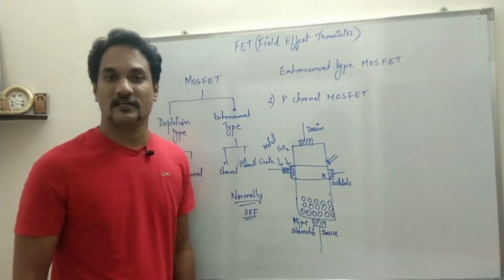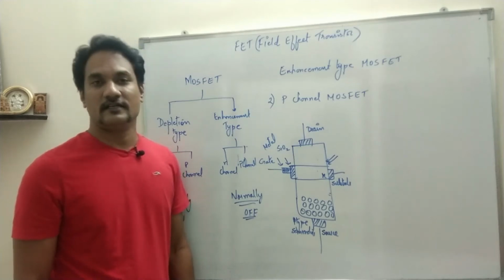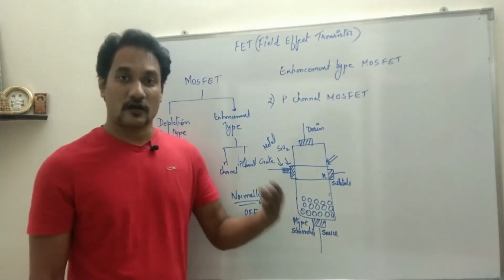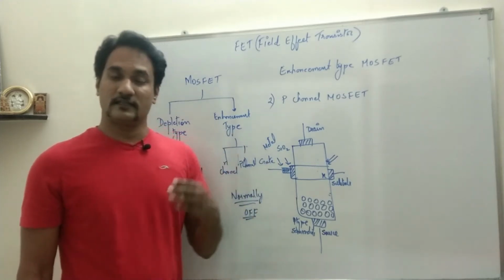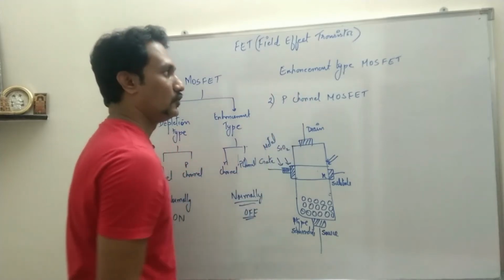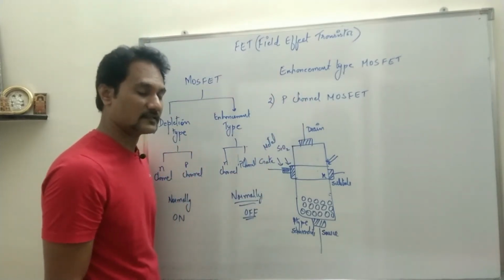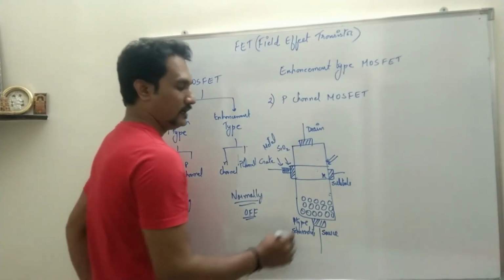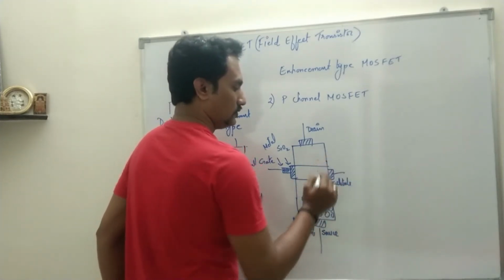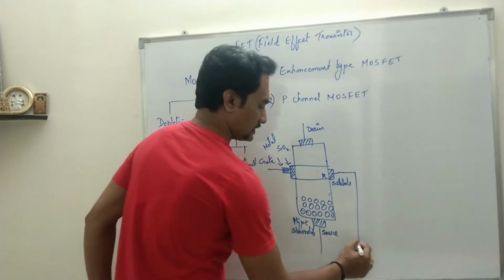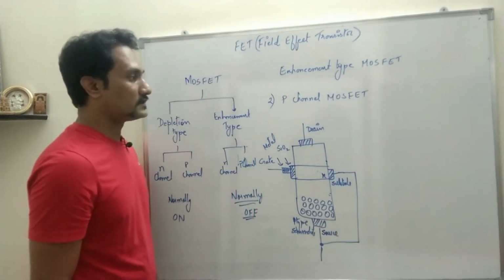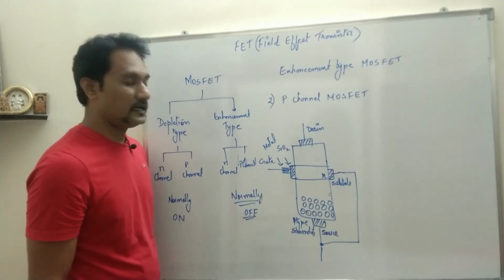All these MOSFETs are used as a switch in digital circuits, so either it will be on or it will be off. Mostly the circuits which we need will be normally off, so mostly the circuits we use are enhancement type MOSFETs. The substrate is always internally connected with the source. So this is the construction part of the P-channel MOSFET.